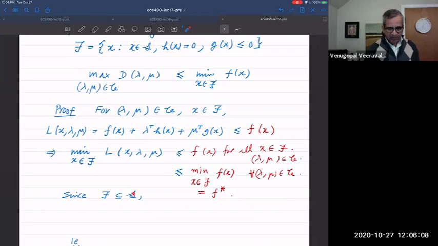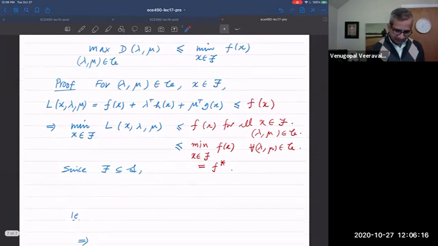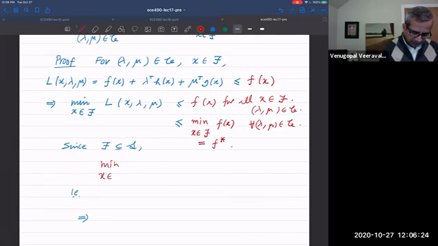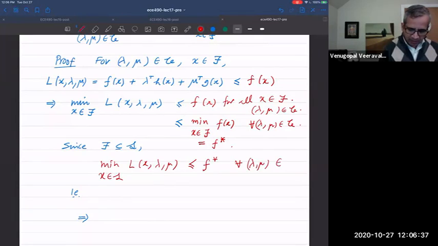And we've used this argument before. So if I now replace F by S here, I'll get something smaller, so it'll remain smaller than f star, less than or equal to f star for all lambda, mu belonging to C.